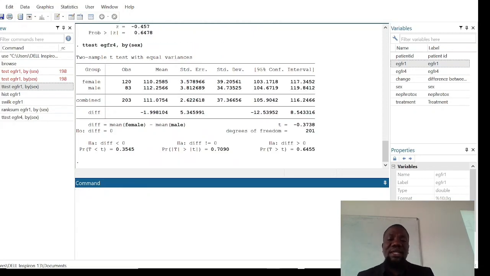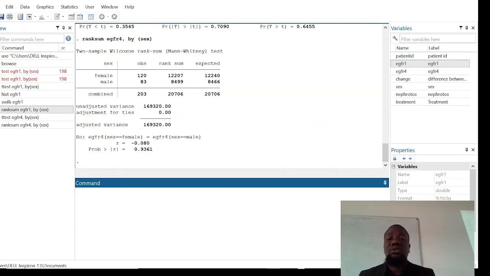It tells you that there was not a statistically significant difference between the males and the females, which is good. However, you cannot rely on the t-test. In this case, you have to use the rank sum test. It tells you there was not a difference between the males and the females, which is interesting.